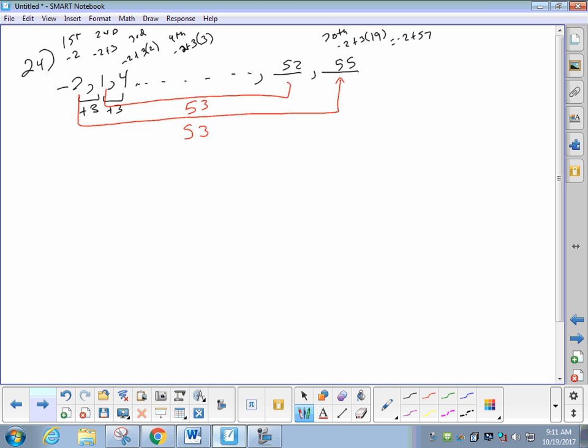So you can say that each pair is 53, times how many pairs? There are 20 numbers, so there are 10 pairs. So the sum is 530. Okay. So that's how you would think your way through it without a memorized formula.